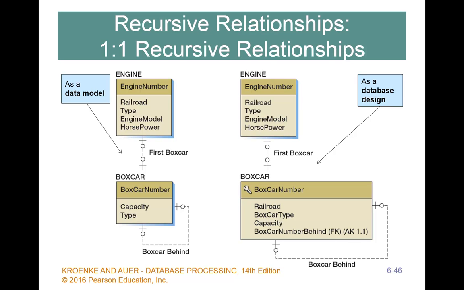For recursive relationships, if you find this confusing, we always use this particular example with Boxcar as the one that makes the most sense.